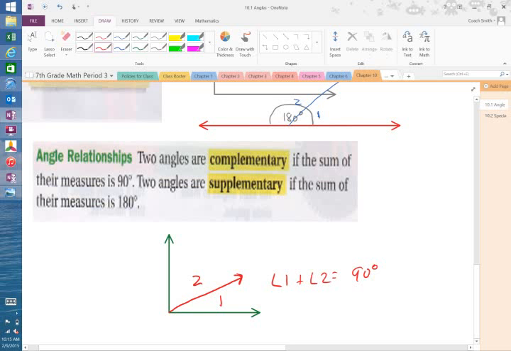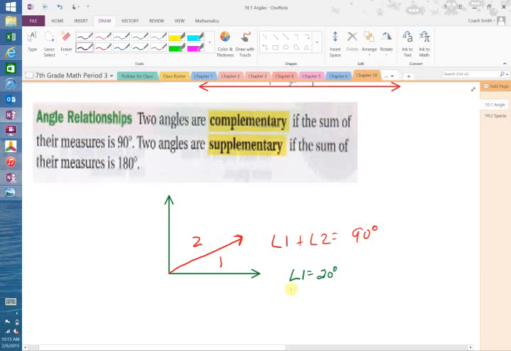Now, I don't know what they are, but given one of them, I can find the other one. If I said angle 1 is equal to 20 degrees, and we want to know what angle 2 is equal to, it would have to be 70 degrees, because I'd take 90 minus 20 and get 70.